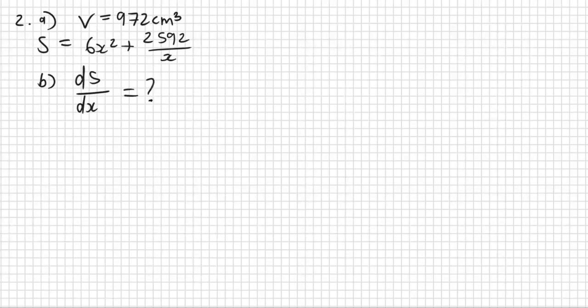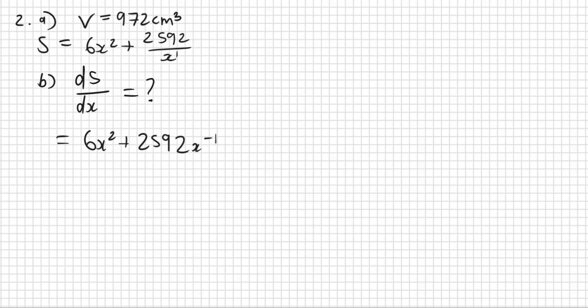First thing I do with these sorts of questions is I change any x's in the denominator into the numerator. So x to the power of 1 in the denominator will be x to the minus 1 in the numerator. So it'll be 2592 x to the minus 1.